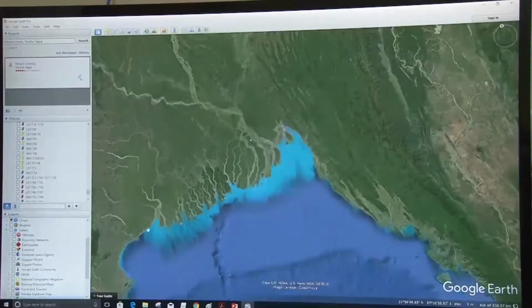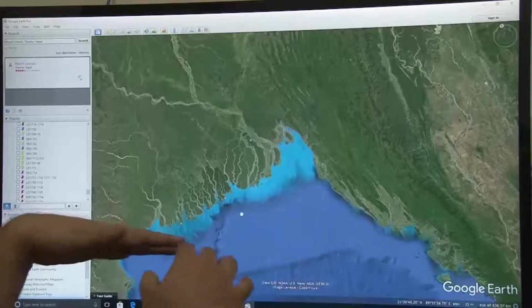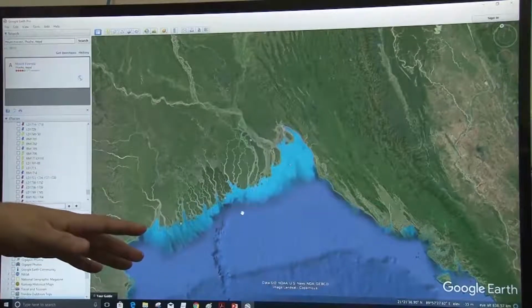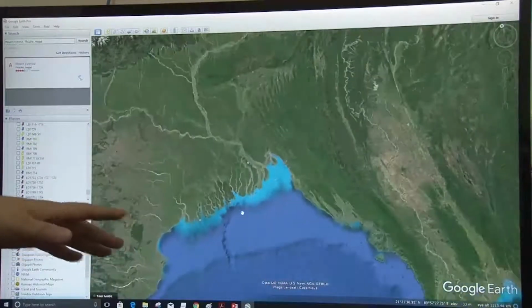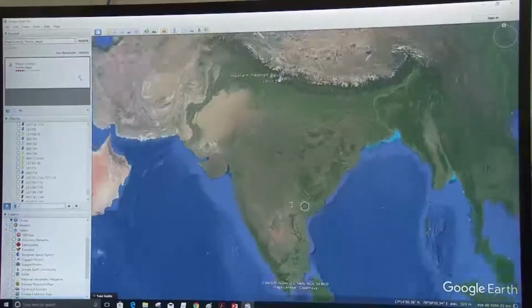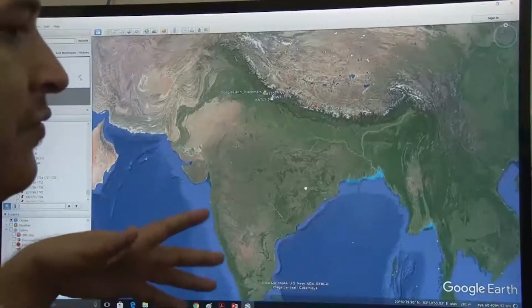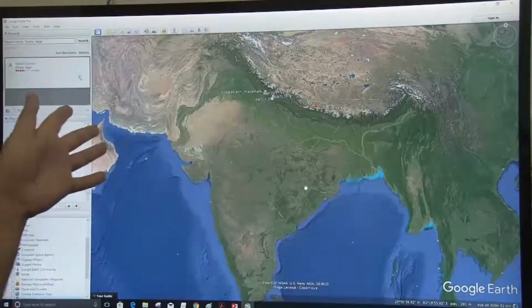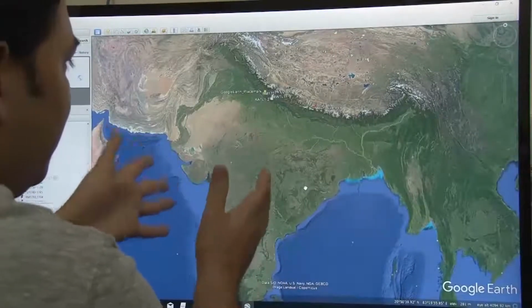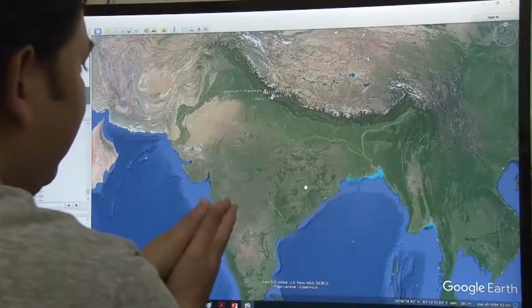That's why they form the deltaic pattern. When they meet a sea, they form the deltaic environment, and some deltaic deposits are there. Similarly you can identify a number of landforms, geomorphic features, as well as structures and folding.